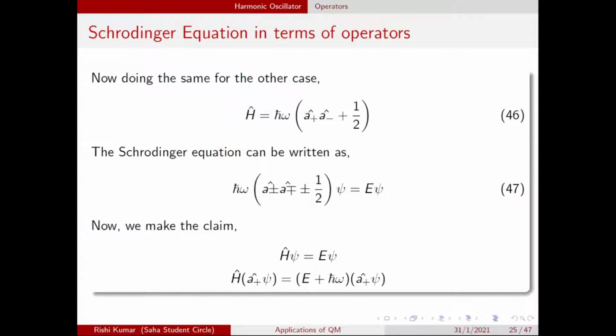So if you act the raising operator A plus on, say, E naught, you essentially get E1, which is the first excited state. And if you apply that on E1, you get E2. So you get the idea, right? That's why they're called ladder operators, because you can raise and decrease the energy levels just using a simple operator method.